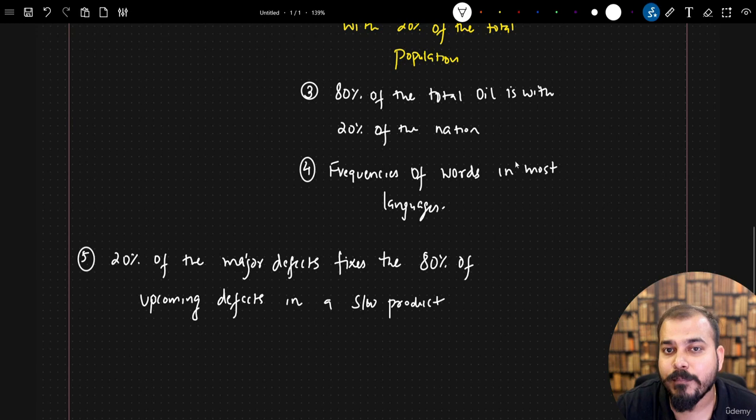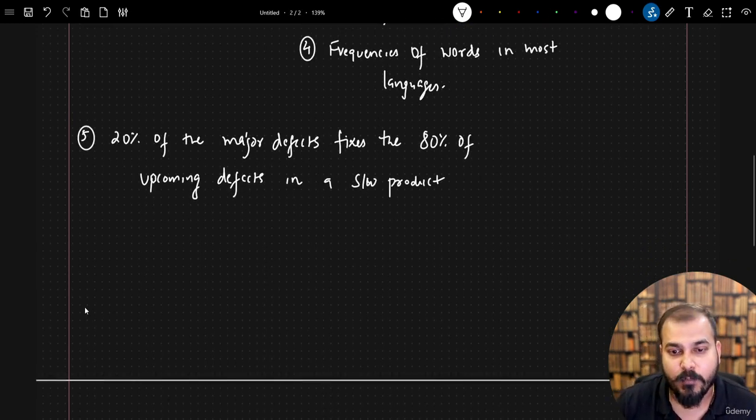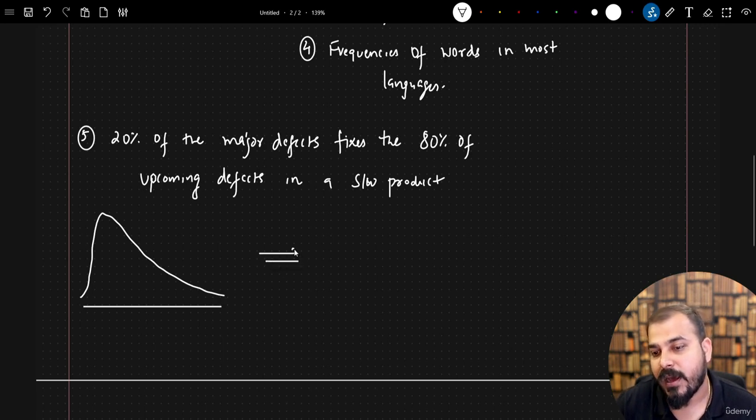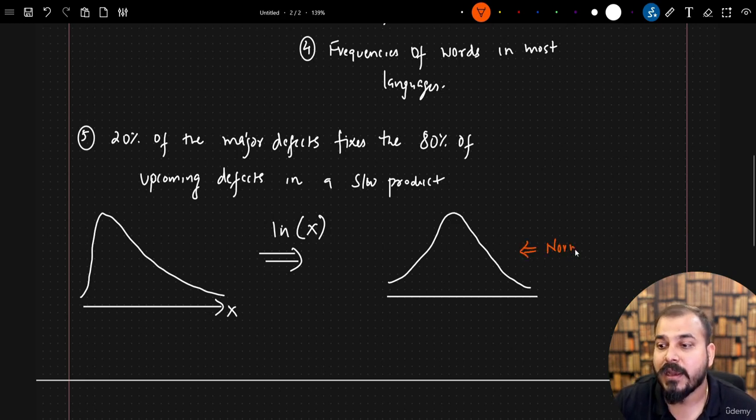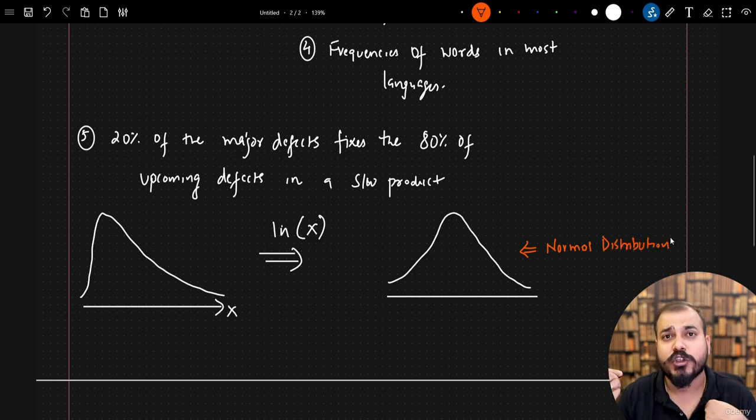Now, one very important thing that we know: whenever we have a log normal distribution and we apply a logarithm, like log to the base e, to this x random variable, then we will get a normal distribution, only if this distribution follows a log normal distribution. Why do we do this? Because there are many machine learning algorithms which want the data to fall as a normal distribution so that the algorithm will be able to perform well.